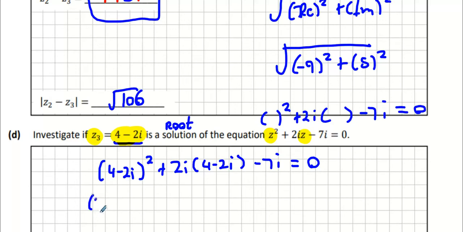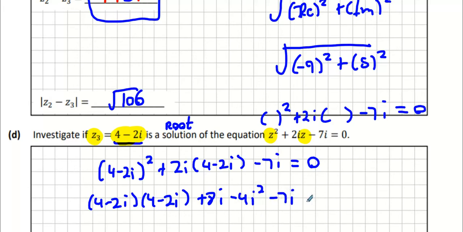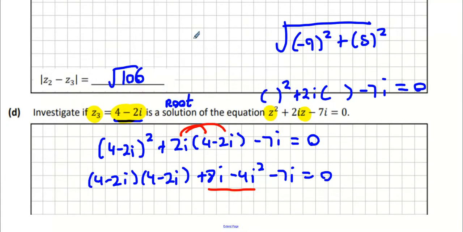And that's going to be 4 minus 2i multiplied by another 4 minus 2i. This is going to be an 8i. That's going to be a minus 4i squared actually. That's going to be a minus 7i. Okay, that's when I multiply 2i by 4 and 2i by minus 2i. That's that part there. Now we're going to multiply this out again.